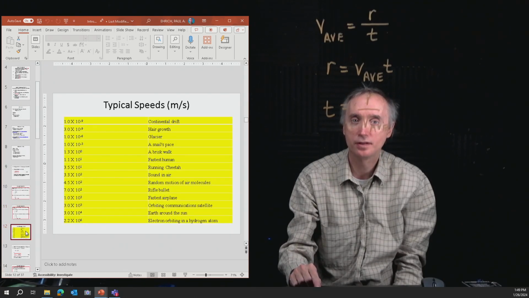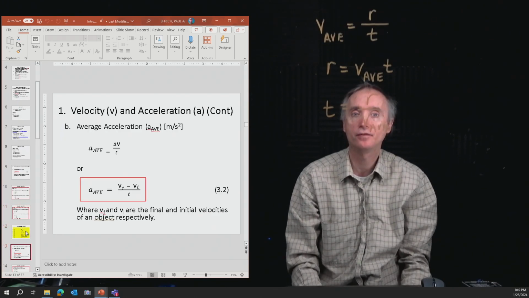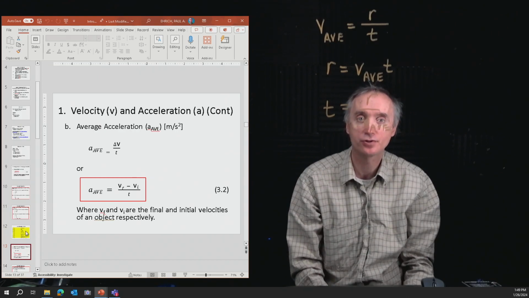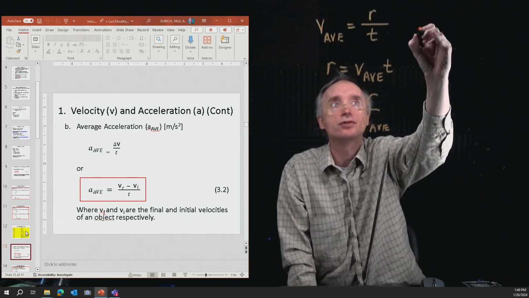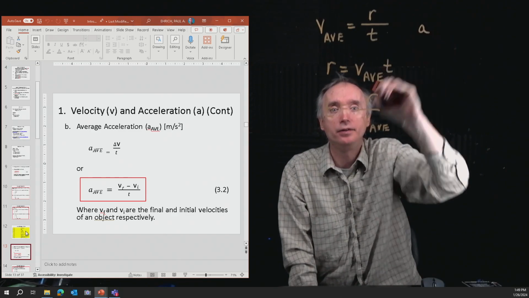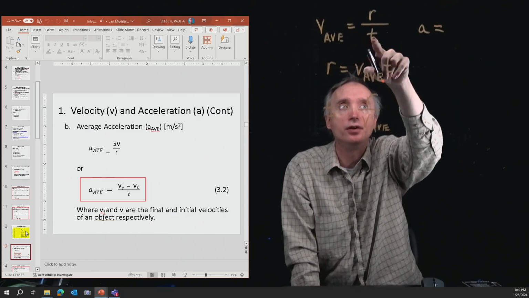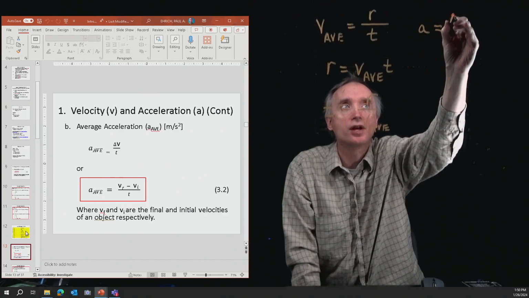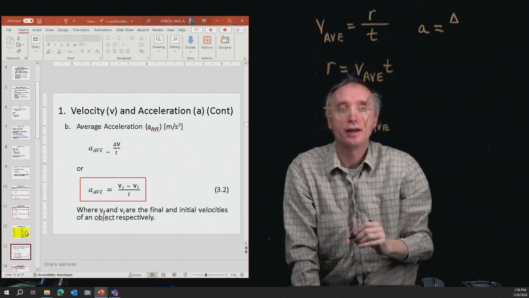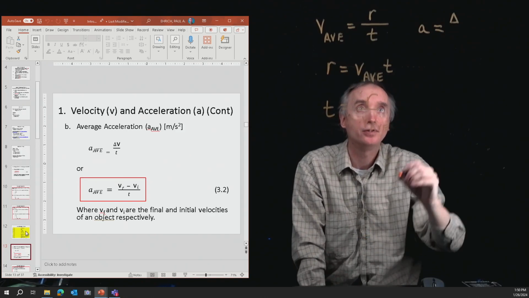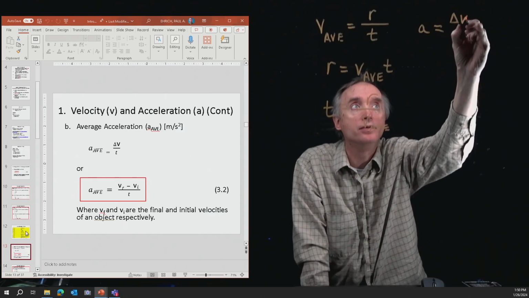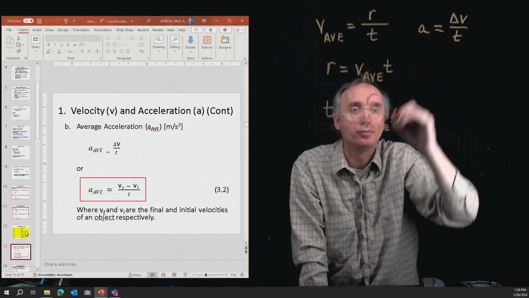Okay, then the next thing that we did was the definition of acceleration. So acceleration is going to be given by the letter A, and notice it's very similar to this one over here. So it's going to be the change, so that's what the triangle means, in the speed over time.